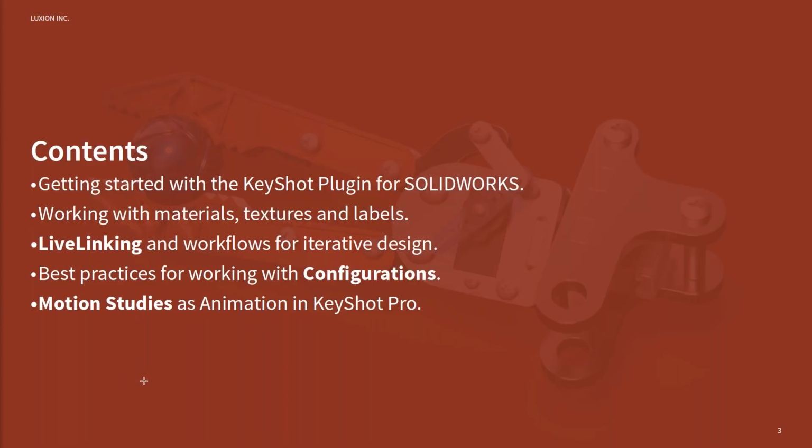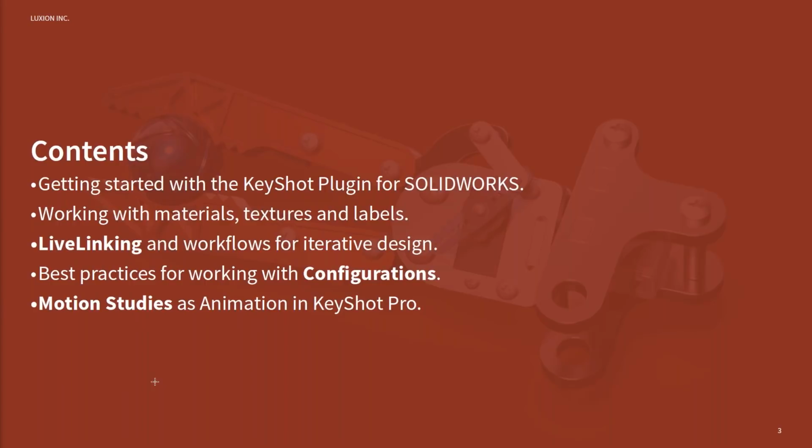First, we're going to talk about getting started with the KeyShot plugin, just installing it and the basics of that, and some of the settings that come along with it. We are going to look at working with materials and a couple tips on using textures and labels.